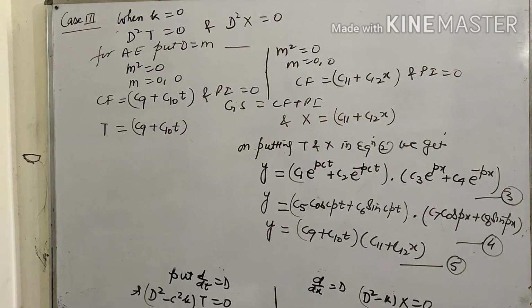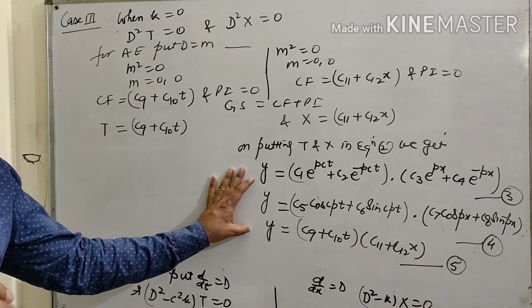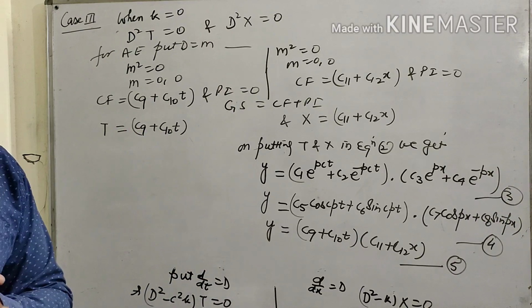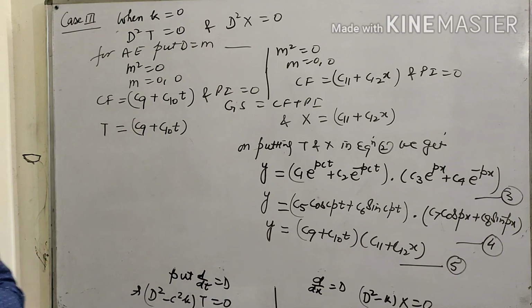Now we have to identify which is the most appropriate solution for this particular condition. So this is the problem of a vibrating string, that is the wave equation. And a wave follows a path just like sine and cos, sin x and cos x.